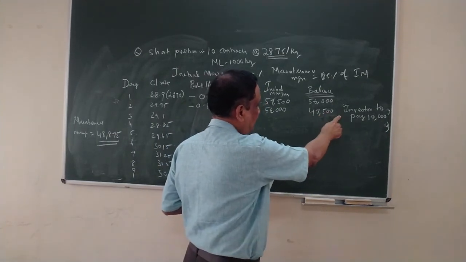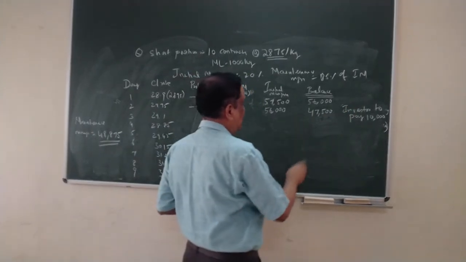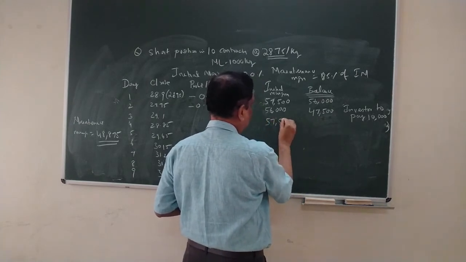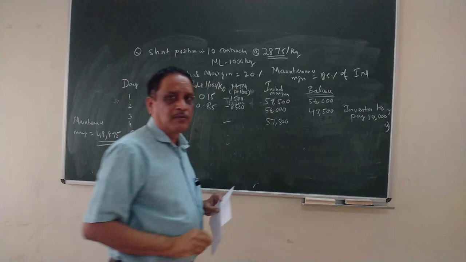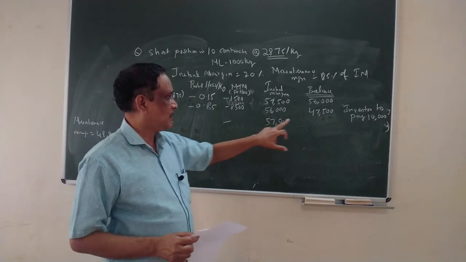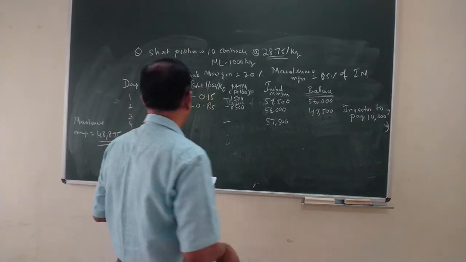So on this day, the investor pays the money, and this balance will become 57,500 again. The margin becomes full.